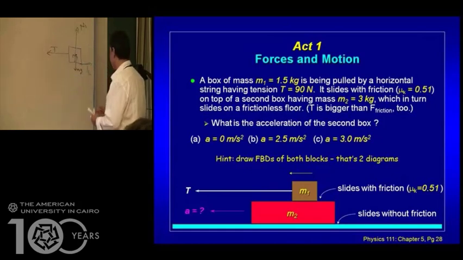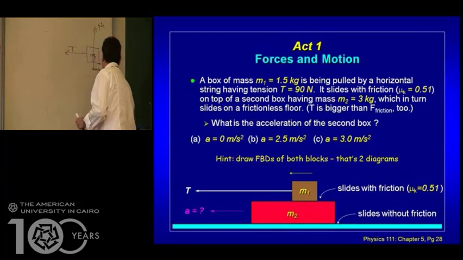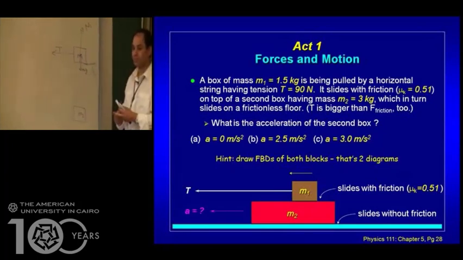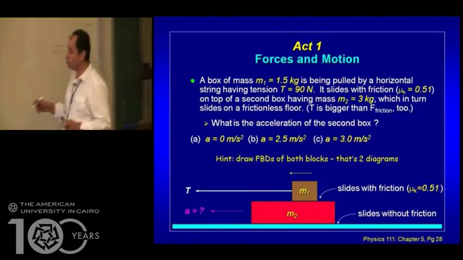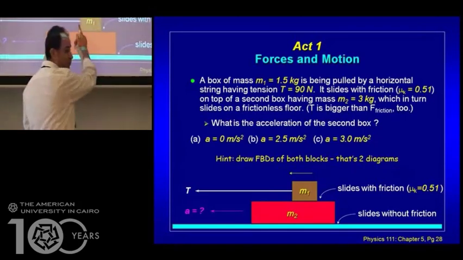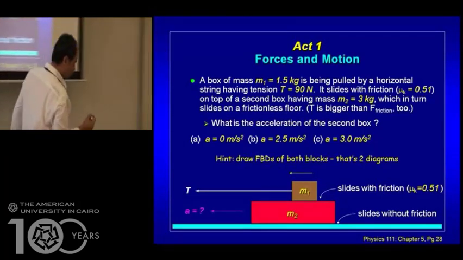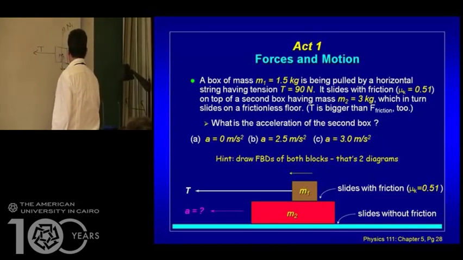Object number 2, M2. So we'll have normal force from the floor on M2, and I'm going to call it N2.